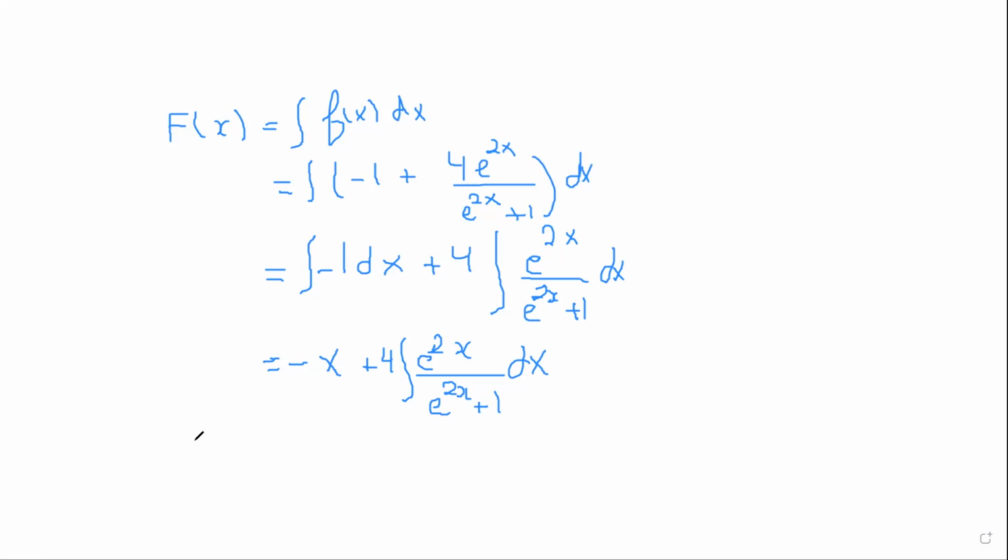What do we take as u? Let u equal e power 2x plus 1. Which one do we take? If we take the derivative, the derivative of the numerator gives the one below.